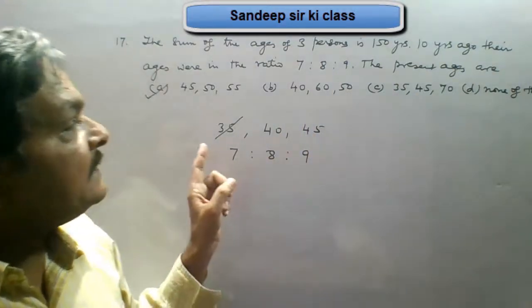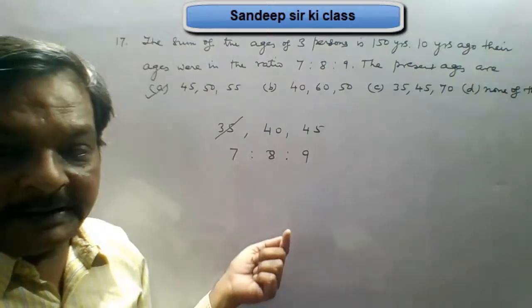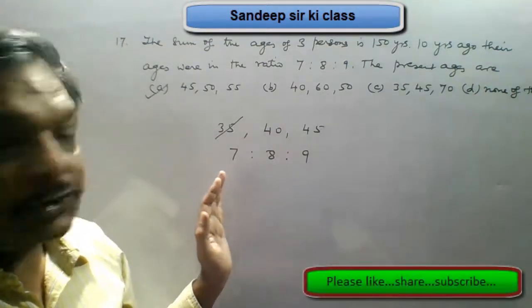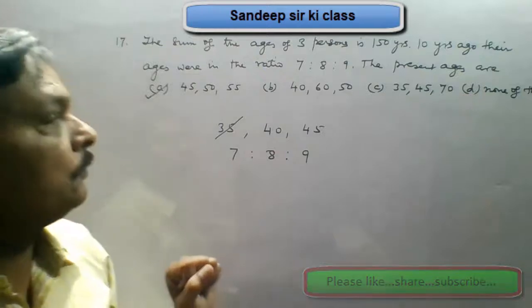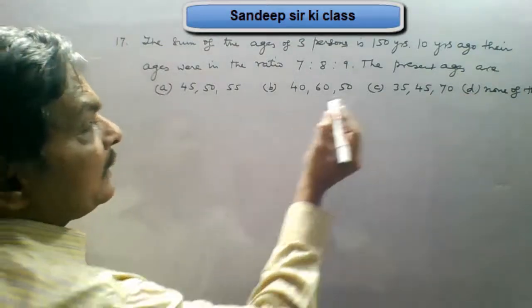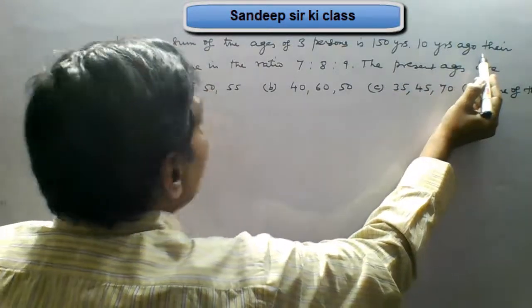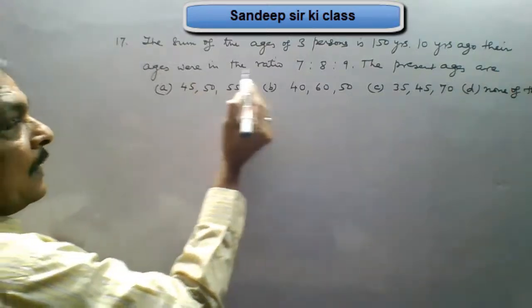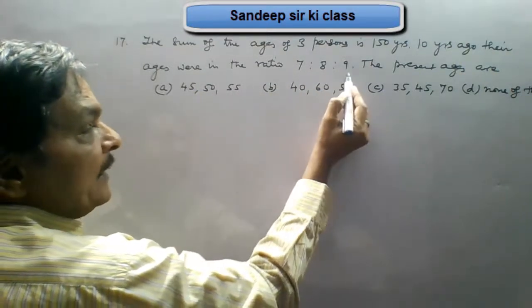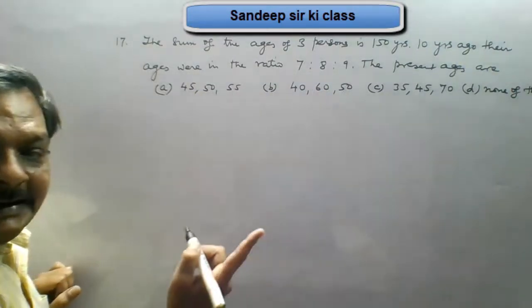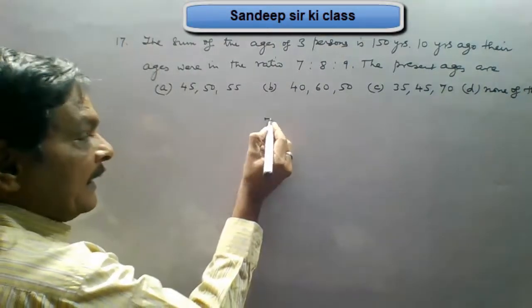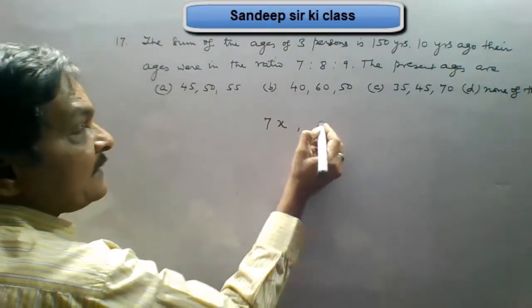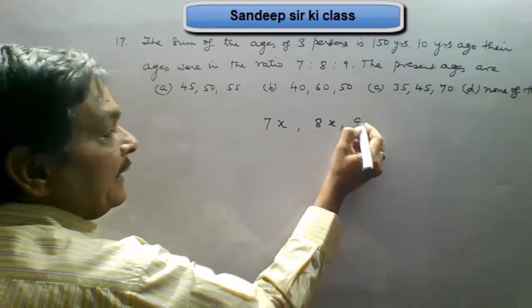Now we will see how this question is to be taken if it is to be understood from a subjective point of view. Here we note that 10 years ago the ages were in the ratio 7:8:9. So 10 years ago, let the ages of those three persons be 7x, 8x and 9x.